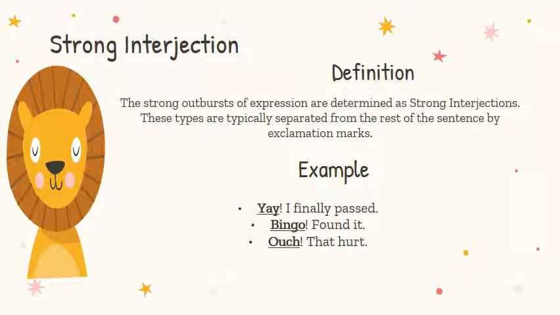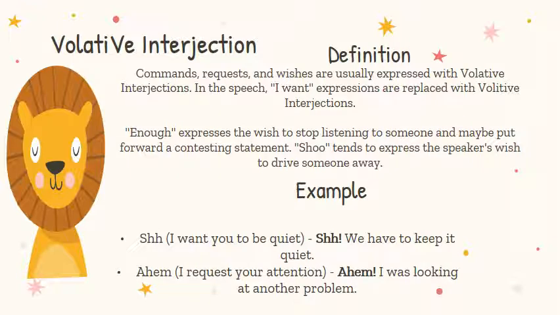It's usually after the exclamation that you pause a little while and then continue with the next sentence. So, comments, requests, and wishes are usually expressed with a vocative interjection, like in the speech, "I want."